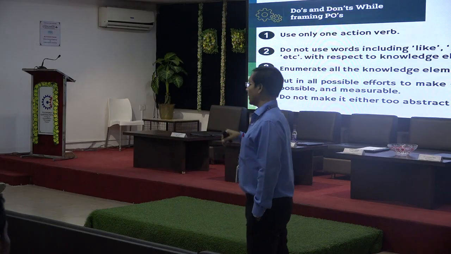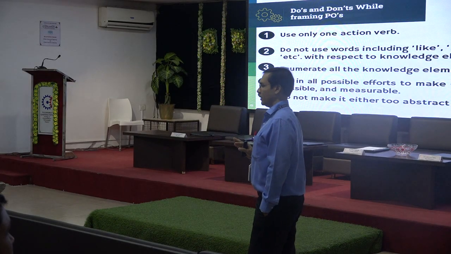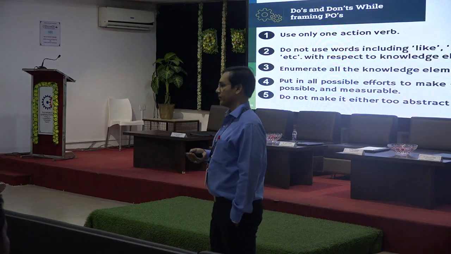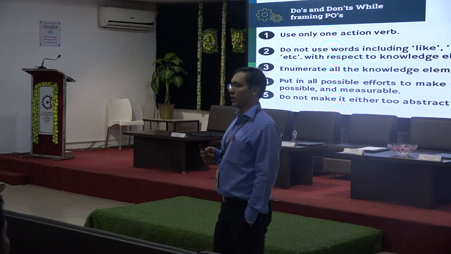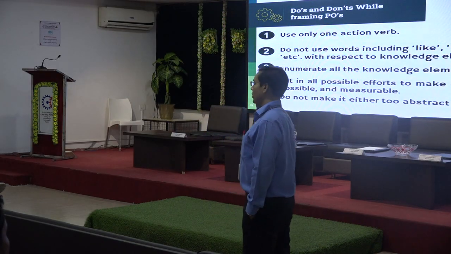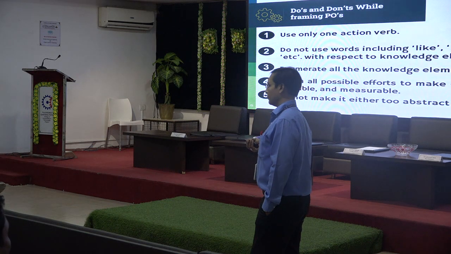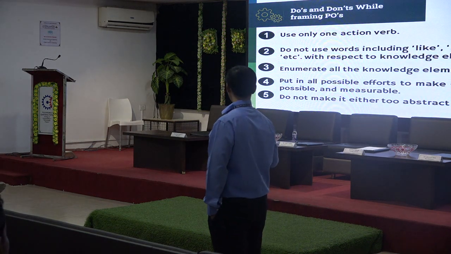So we need to do the assessment also in both the levels. Is it possible for us to do the assessment in both the levels if we are framing our course outcome statement in 2 levels? Right? So that's why we need to check it.